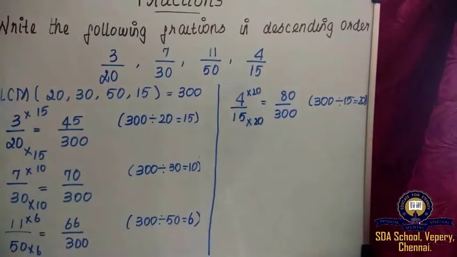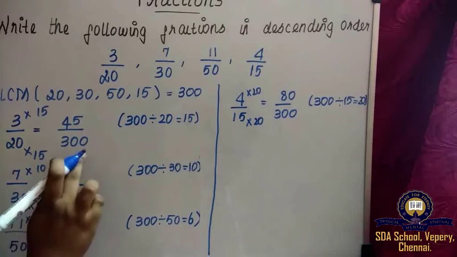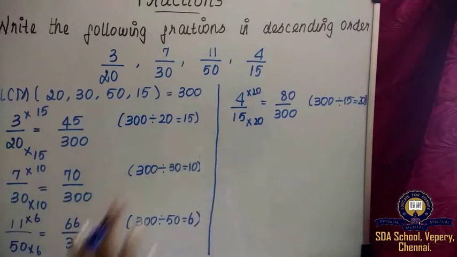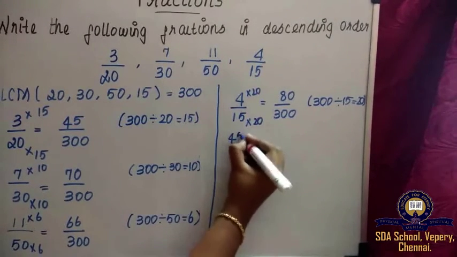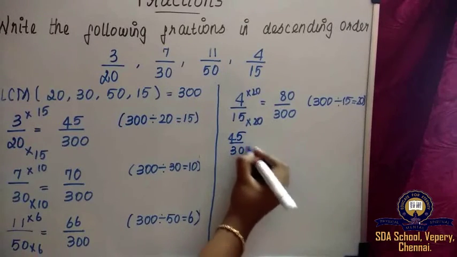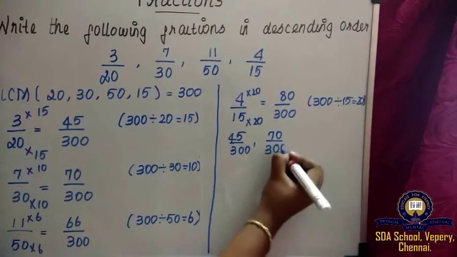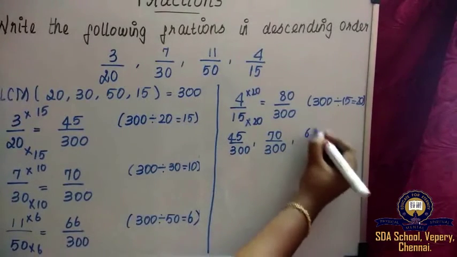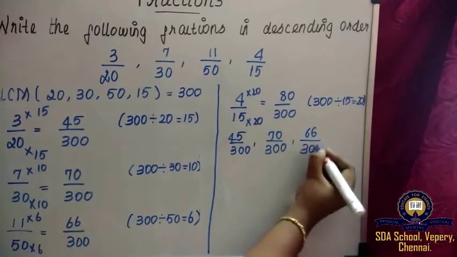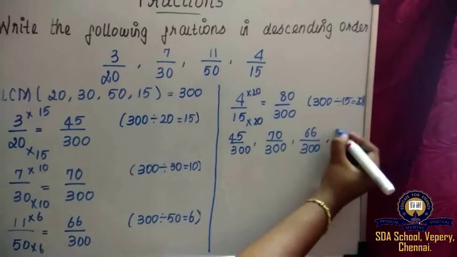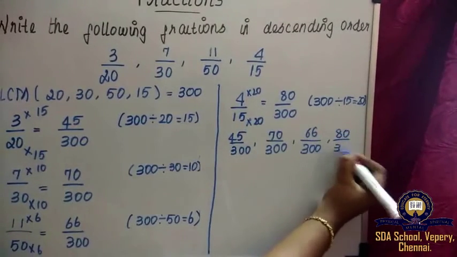So now we have found the like fraction for every unlike fraction. So now we have to compare and arrange in descending order. So 45 by 300, 70 by 300, 66 by 300, 80 by 300.